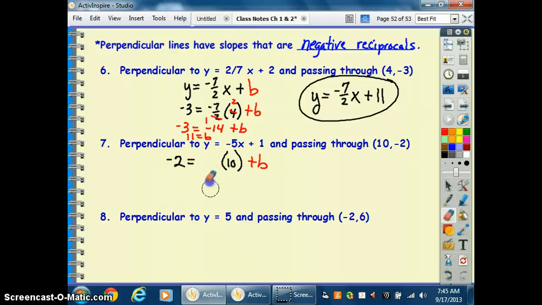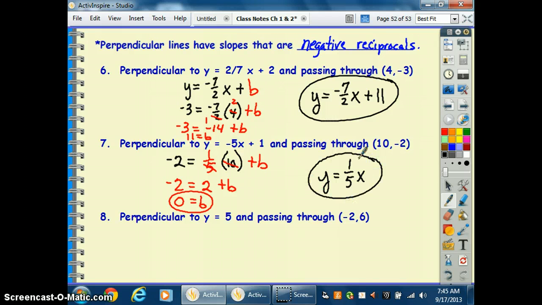Okay, our slope is not negative 5. It's 1/5. It's the negative reciprocal of that. Since it was negative 5, the reciprocal is positive 1/5. That looks much better. I am so sorry. Negative 2 equals 2 plus b. Add 2 to both sides, and 0 is what b is. So our equation is y equals 1/5 x, the negative reciprocal. And we don't have to say plus 0. We can just end it right there.